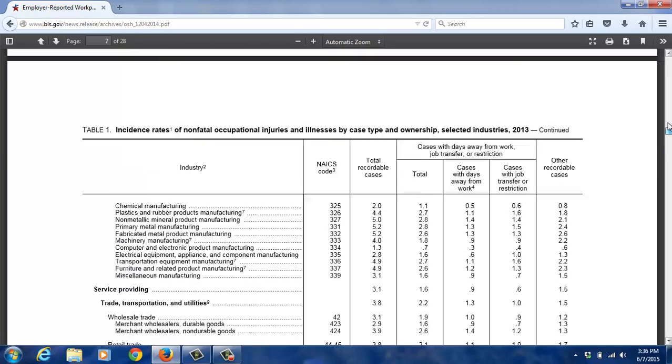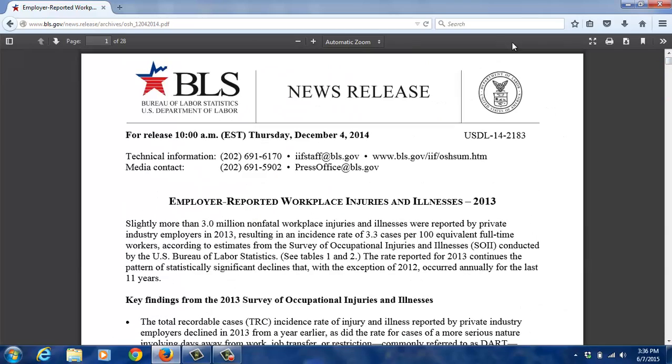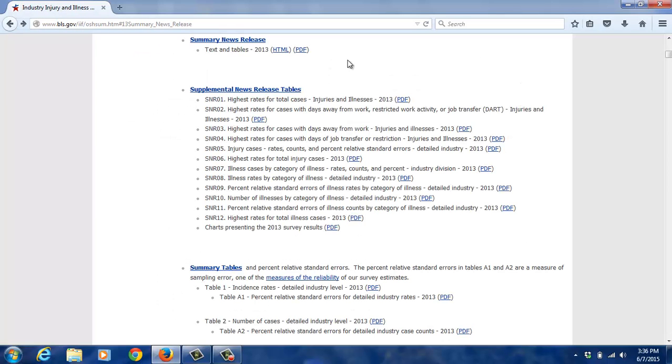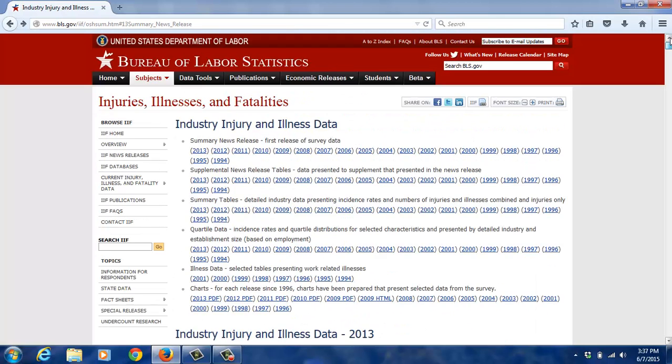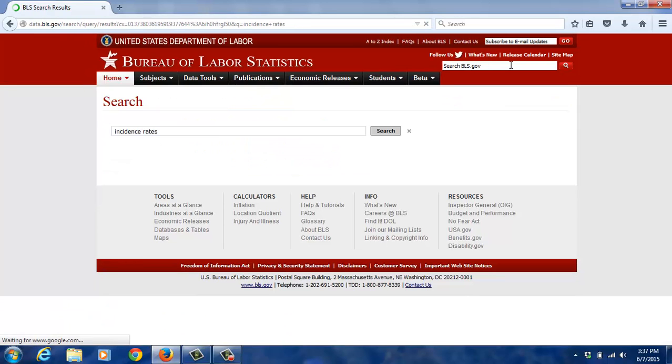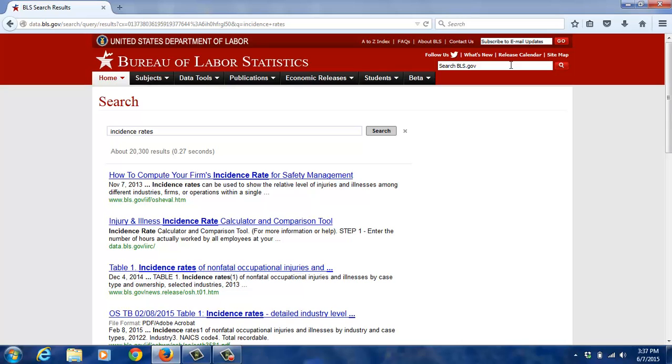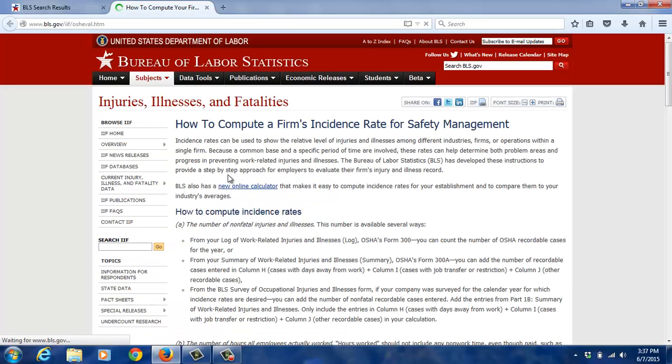So, the one last thing I wanted to show you is the calculation of incidence rates. And forgive me, but I'm going to use the search bar to find that. I provided you two links, and yay, they came up. One is how to compute your firm's incidence rate for safety management, and you can read about it.